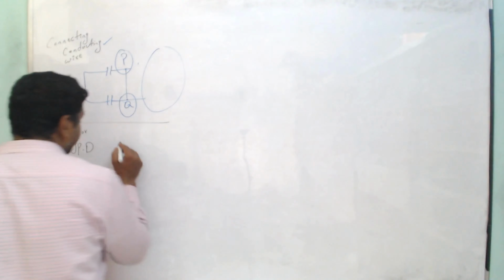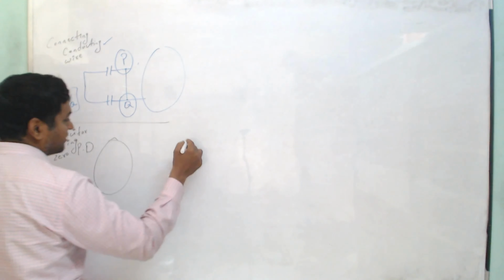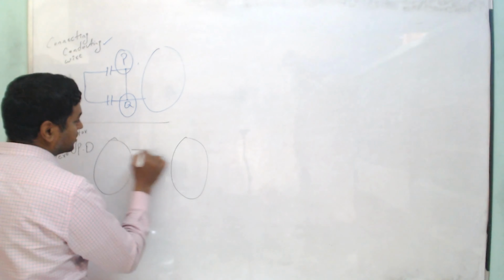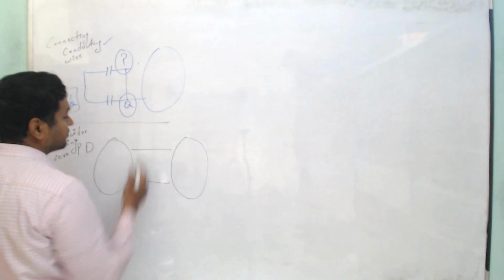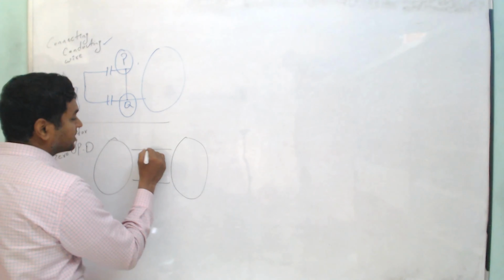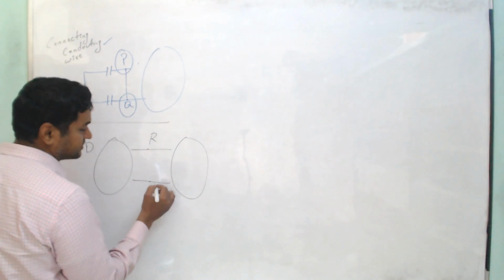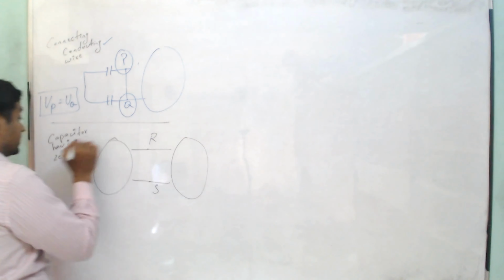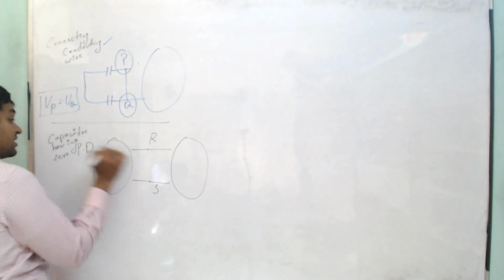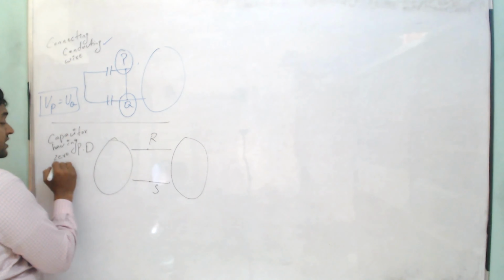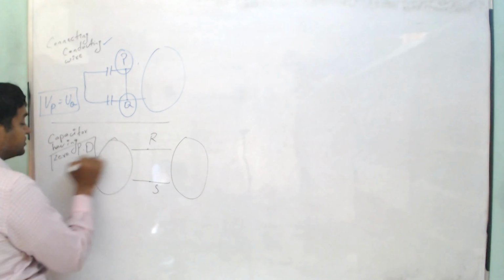So I have some part of the circuit here, and some part of the circuit here. Now there are 2 wires going. Take some point R and S. The capacitor we are connecting between points R and S such that they have zero potential difference.